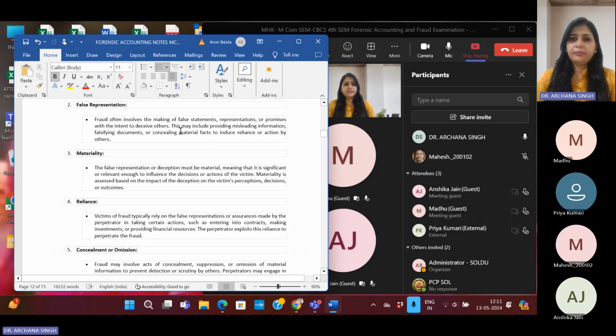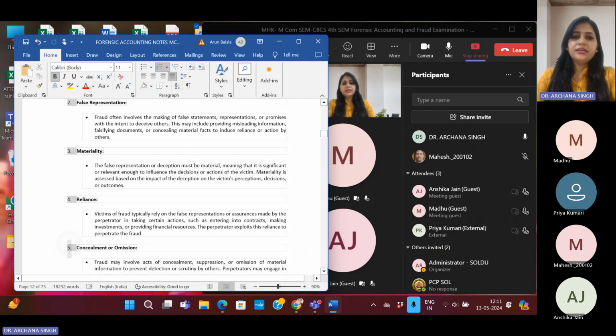So representing and showing wrong things, okay, these false representations may include providing misleading information, showing wrong documents, concealing true material facts and not showing them. These include all these things.